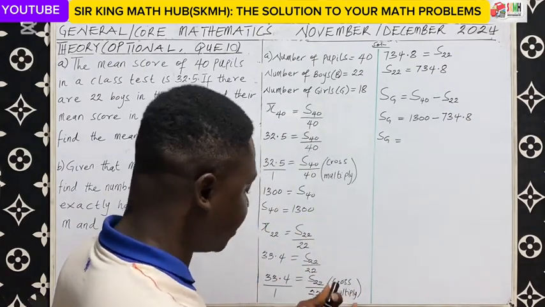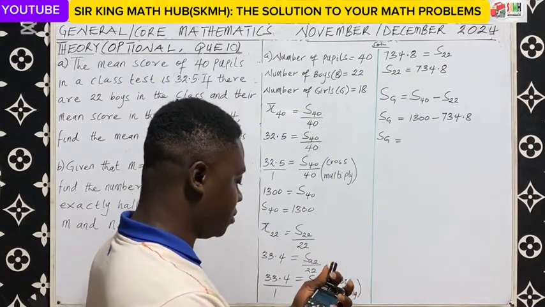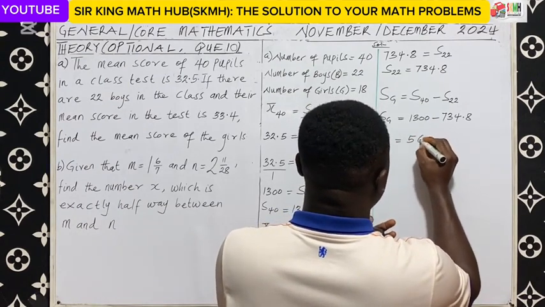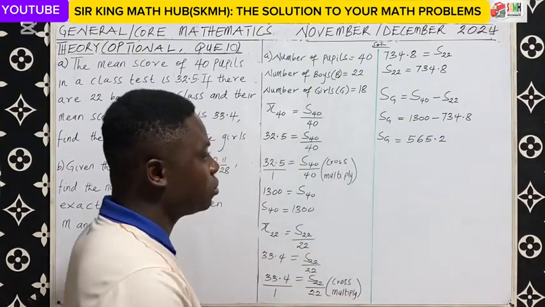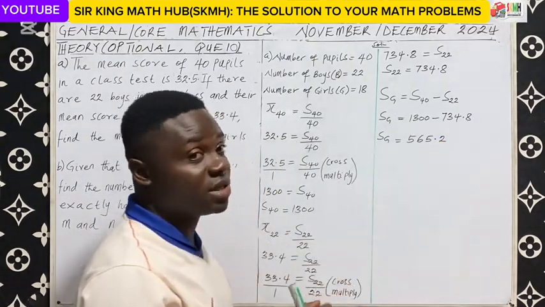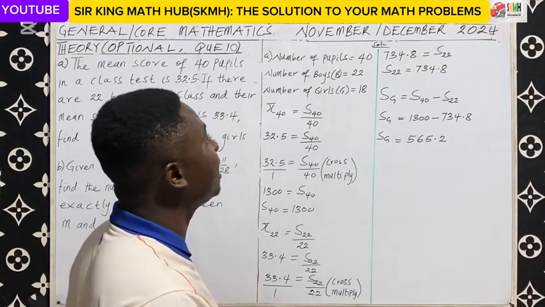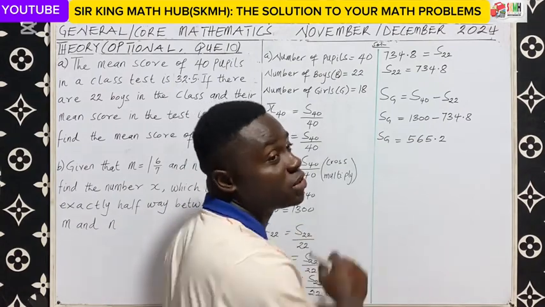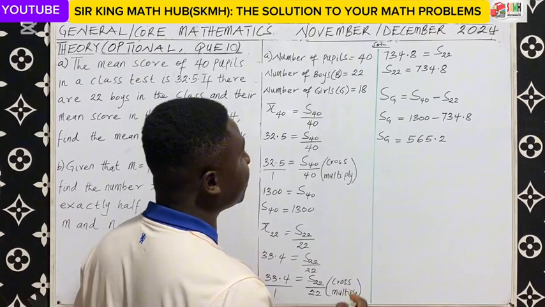So 1,300 minus 734.8, I have 565.2. What does this value mean? It means that when we sum up the individual scores of the 18 girls in the class, this is the score we have to get. Now with this, can we find the mean score of the girls?